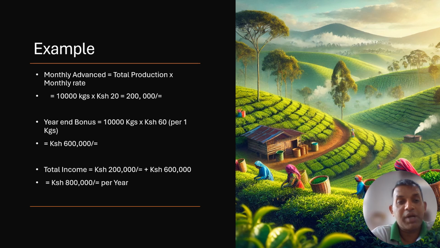This is one of the good pricing systems, because all the factories pre-agree the monthly advance payment. Because of that, price competition is not available in Kenyan tea collection. So they get a good advantage in maintaining the quality of the tea products, because there is no competition on price.